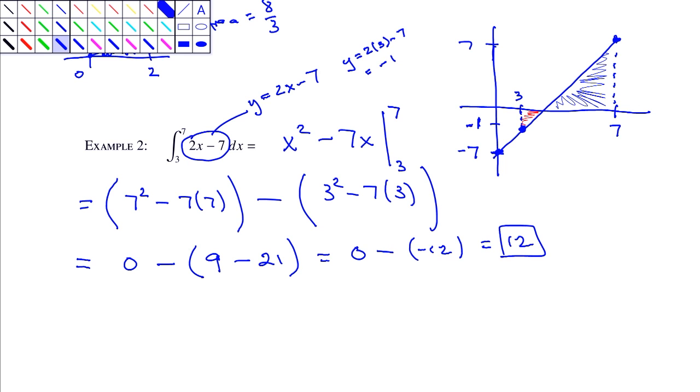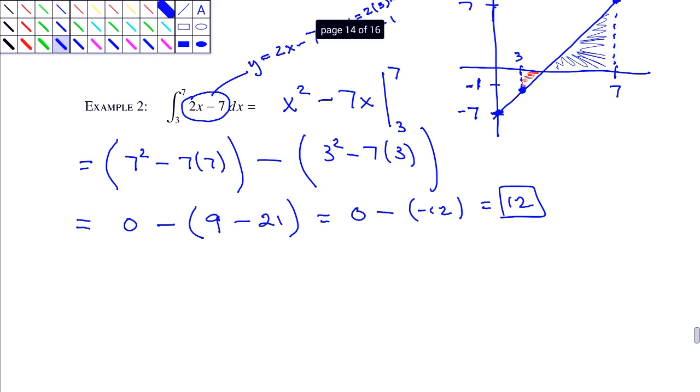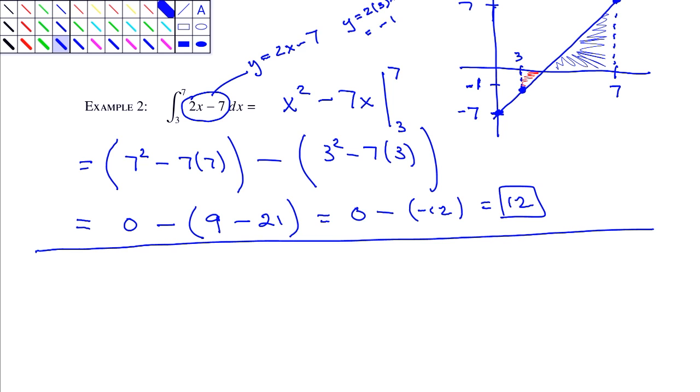All right. Now, what if we had done this problem slightly differently? Remember, the fundamental theorem says you can use any antiderivative to do the calculation. What would have happened if the antiderivative I had chosen was x squared minus 7x plus 4? That is an antiderivative of 2x minus 7, certainly, because the derivative of that is 2x minus 7.